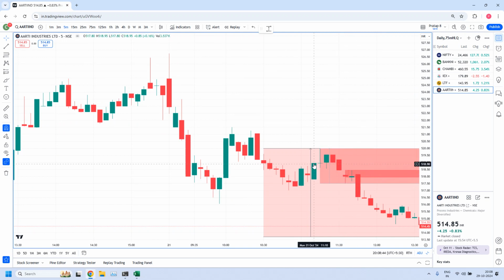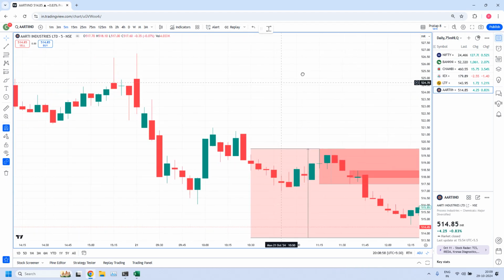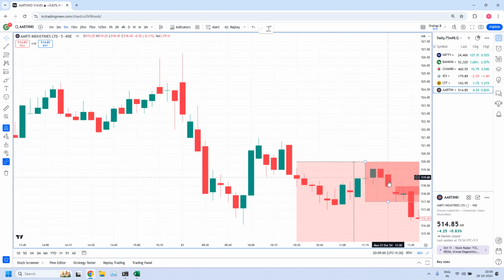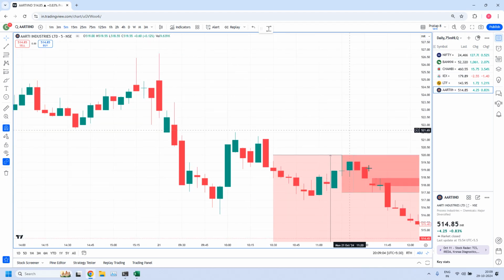Earlier I thought rally, 1, 2, 3, 4, 5, 6 base candles, 6 base candles, not 5. But when we draw like this, the risk is very big. So I considered this a leg out candle. Medium size leg out candle and follow through 2 base candles and a drop candle.